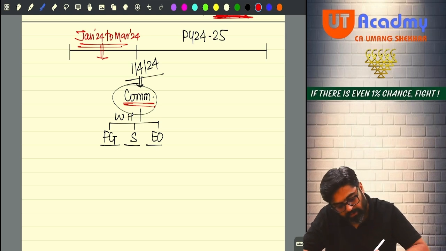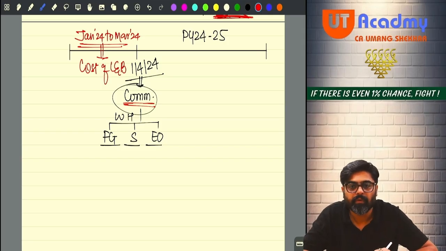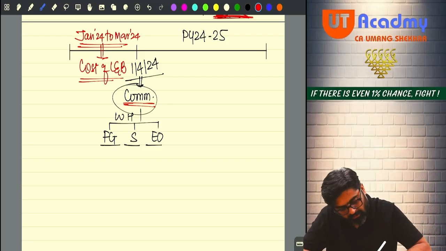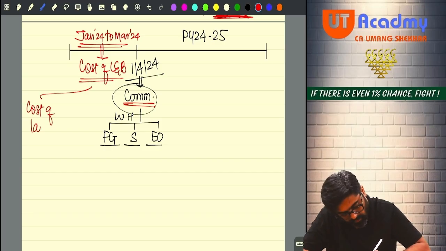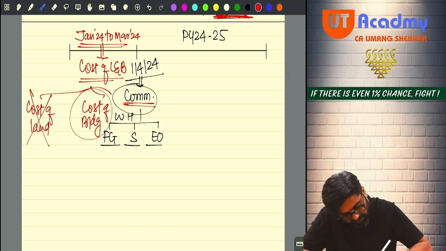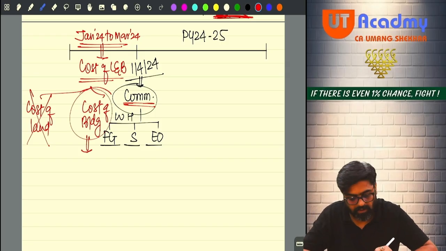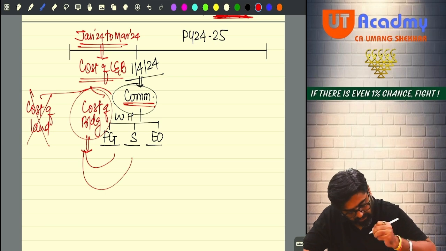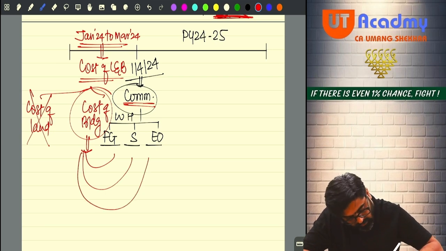In this period, I have incurred the cost of land and building, 80, 60 and 50. Out of that, the cost of land must be ignored, and the cost of building can be claimed under section 35AD, and from this also it will be claimed, but in the form of depreciation.